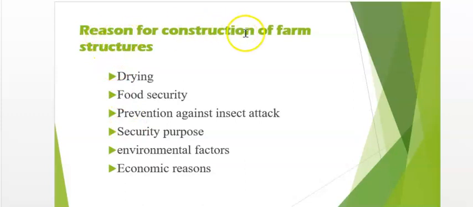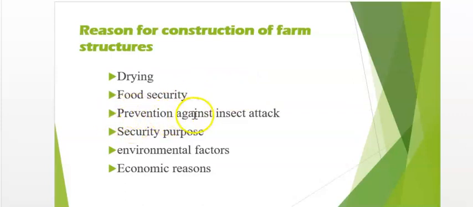Reasons for construction of farm structures. Basically the storage structures. So number 1, we have for drying purpose. Number 2, we have for food security. This is to prevent contamination of the produce.